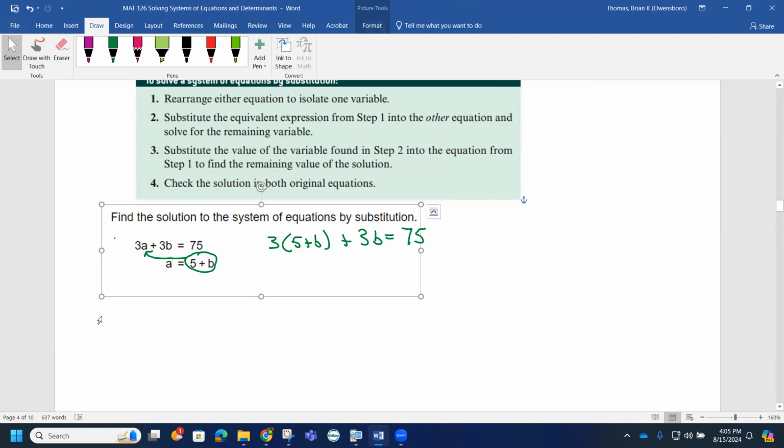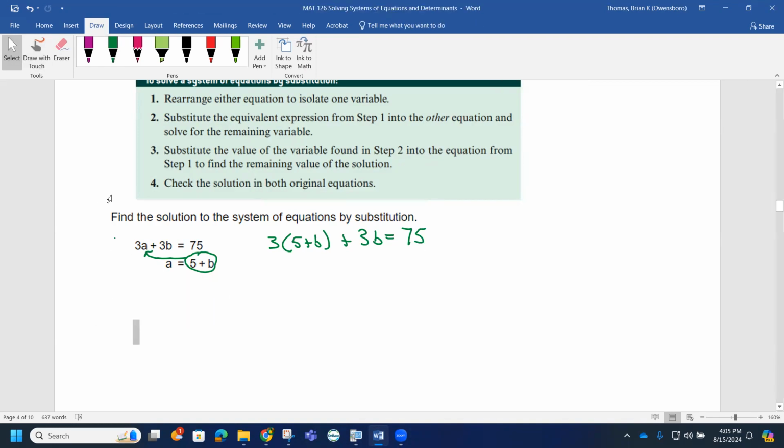Again, since A equals 5 plus B, I can replace A in the other equation with that expression, 5 plus B, since they're equal. I'm allowed to replace them since they're equal. What this does is create an equation with one variable. So now we want to solve this equation for that variable.